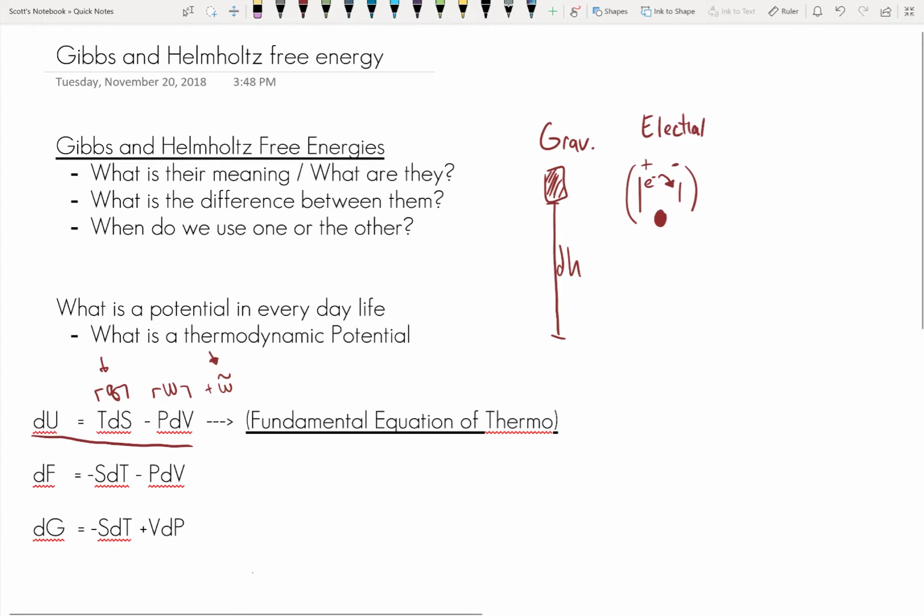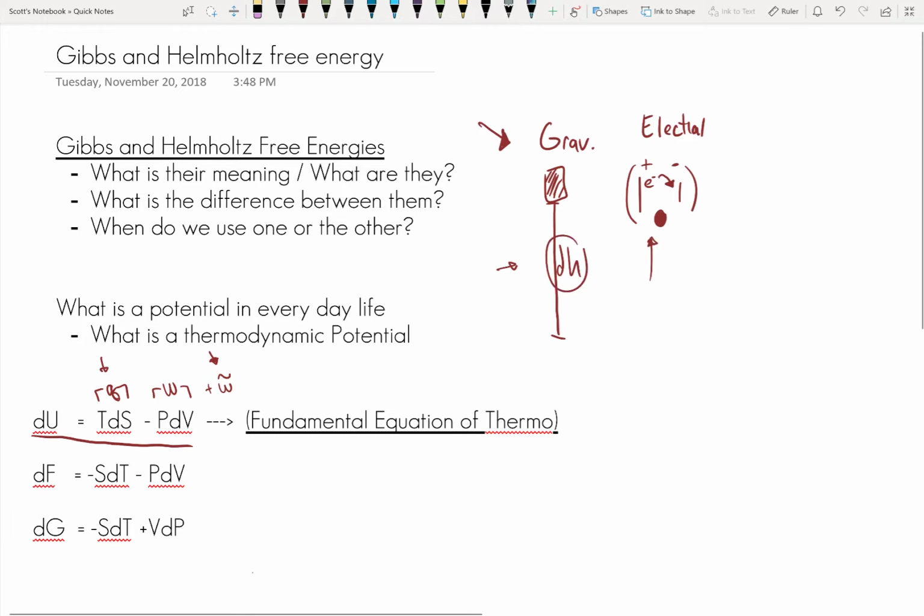It comes to this idea of natural variables. When I change the height of an object, I've changed its gravitational potential. And thus the natural variable of the gravitational potential is height.